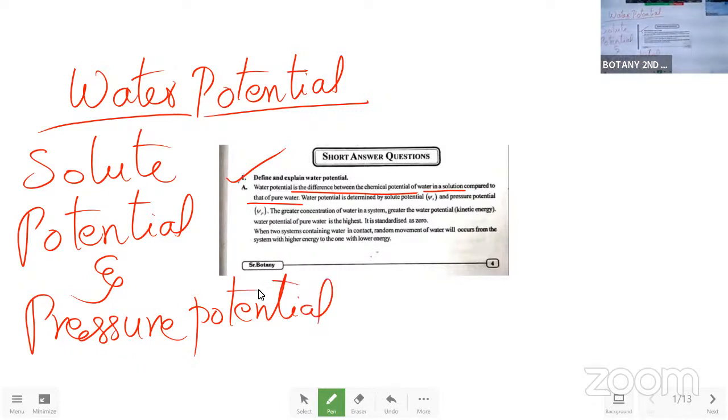The equation we can write for water potential is psi W is equal to psi S plus psi P. That is, water potential is equal to solute potential plus pressure potential.